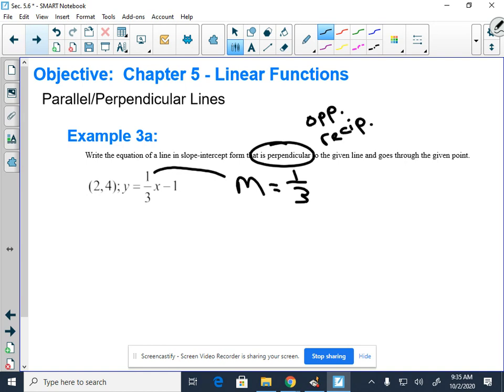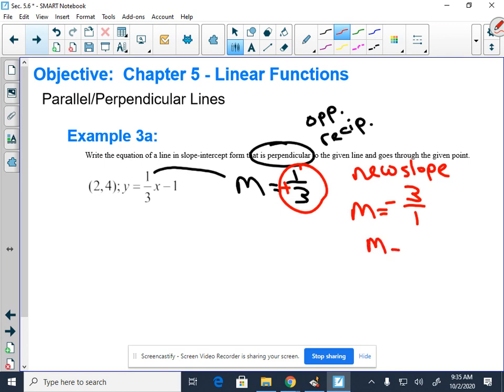So we can't use this M. We have to get a different M. So we need a new slope. The new slope, we'll take this number and flip it. And since this is positive, it's got to be negative. So our new slope is -3.